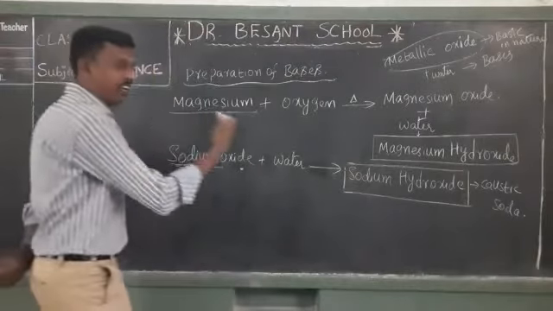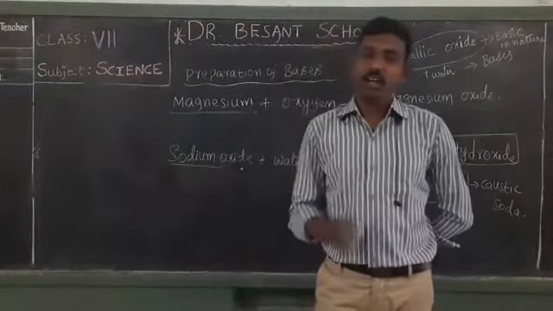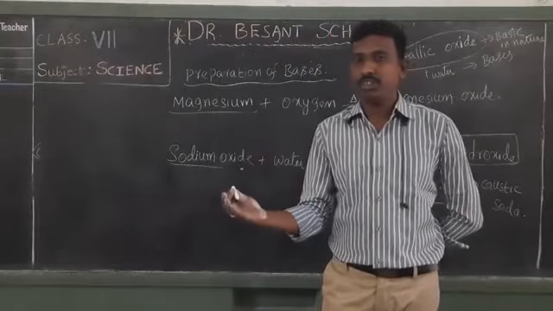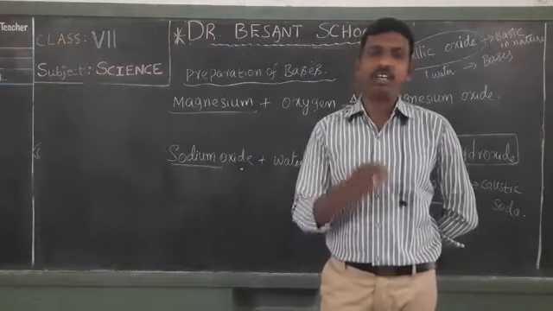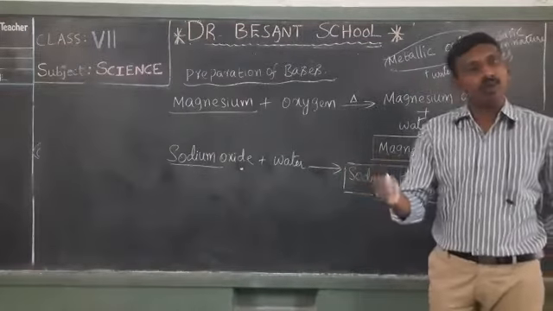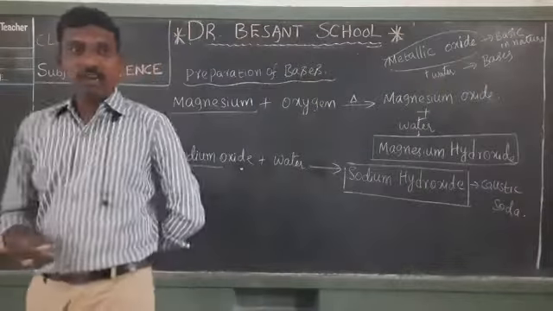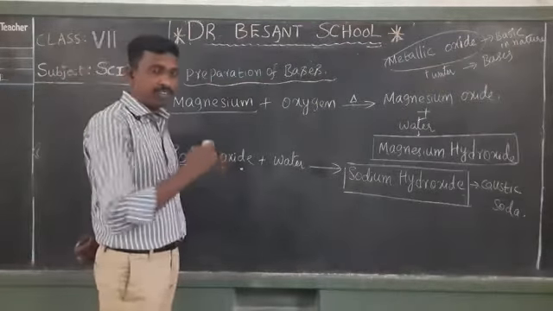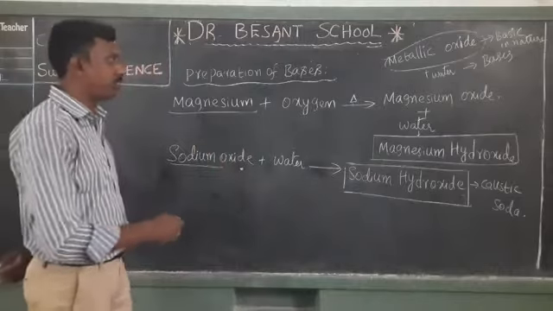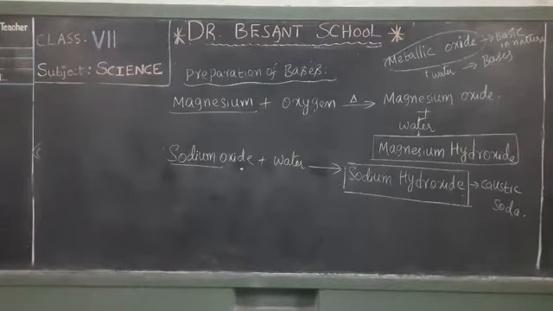Non-metallic oxides are acidic in nature. Non-metallic oxides produce acids when they dissolve in water. Metallic oxides produce bases when they dissolve in water. So in this class part we have discussed this. Before I give the conclusion for the class, please note down your running notes. After your writing is complete, I will give the conclusion.